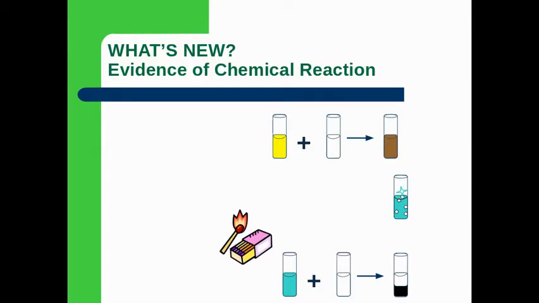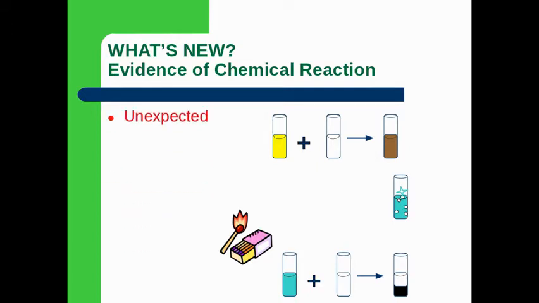All right, so again, how do we recognize when we're witnessing a chemical reaction? If you go back to previous units, we talked about this at the beginning of the year, that evidence of a chemical reaction usually takes 4 different shapes.